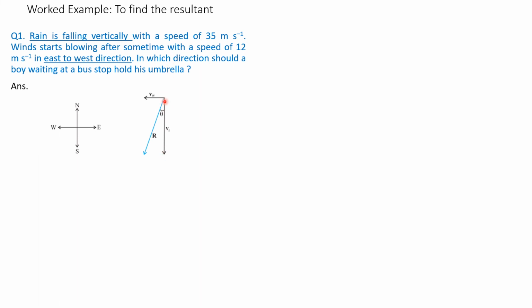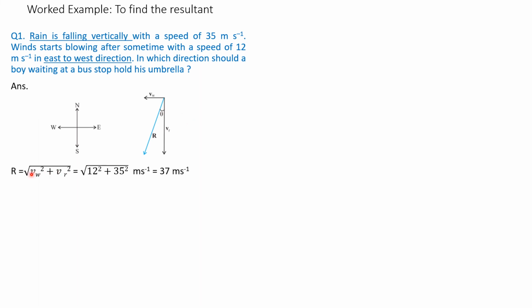So VR is downwards and VW is east to west. The resultant, let it be R, is at an angle theta to vector VR, as shown in the figure.